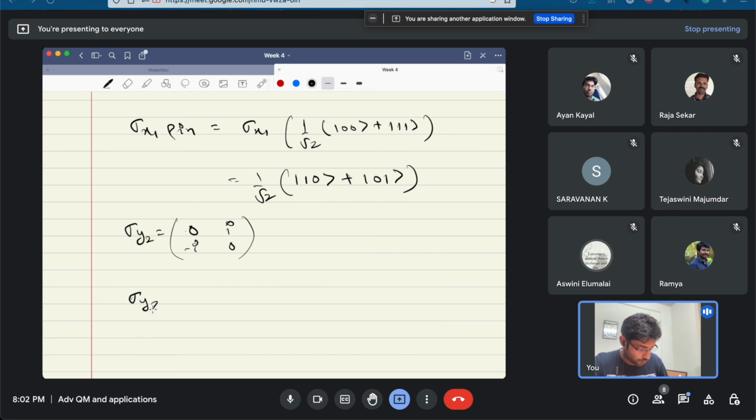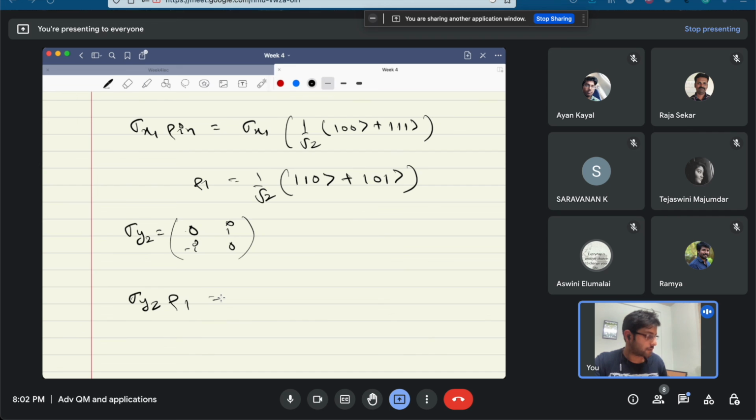So sigma y2 operating on your, let's say this is your rho 1. What it does is it flips, and it also has the i along with it, right? So let me just check once.